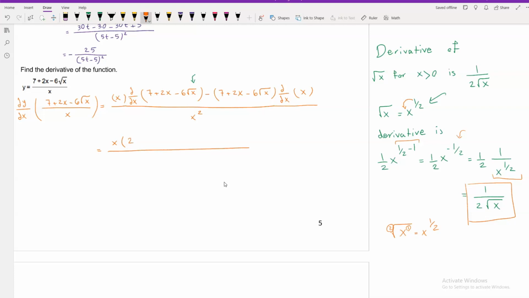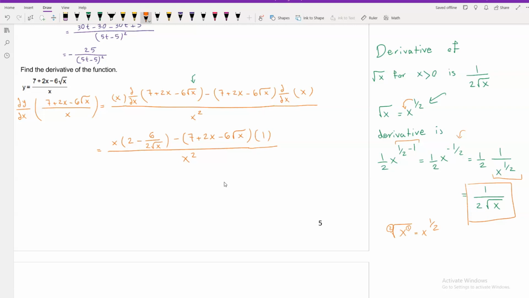Here we have 2, the derivative of 2x is 2, minus 6 times 1 over 2 times square root of x, minus 7 plus 2x minus 6 times square root of x multiplied by the derivative of x, and that is 1, divided by x squared.